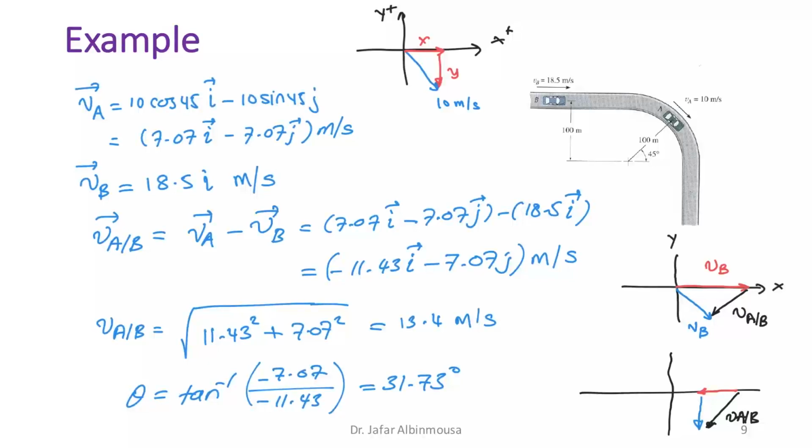This is actually what we got: negative i and negative j. The angle is measured here. That's the angle, which is supposed to be theta. And clearly, this angle is measured from the negative x downward like this. This is theta.